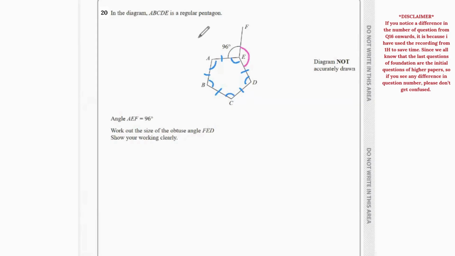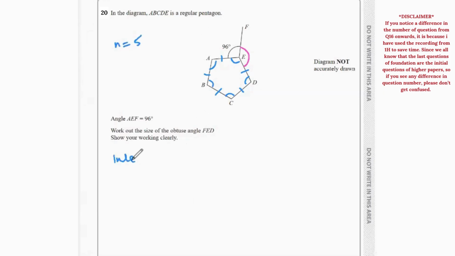They want us to find this angle. All these three angles add up to 360 because angles around a point are equal to 360. So we can easily find the interior angle for the pentagon because we know the number of sides, which is 5. So n equals 5.